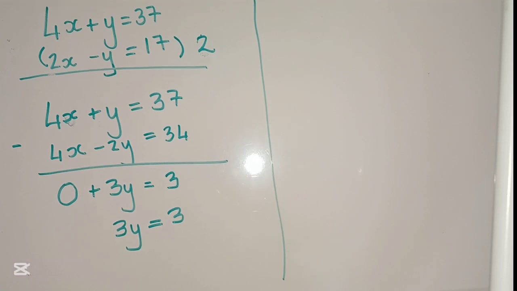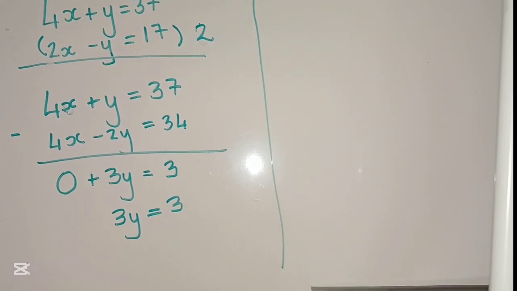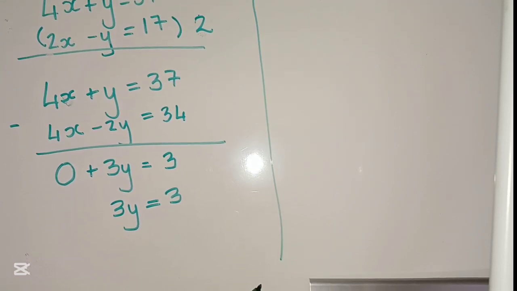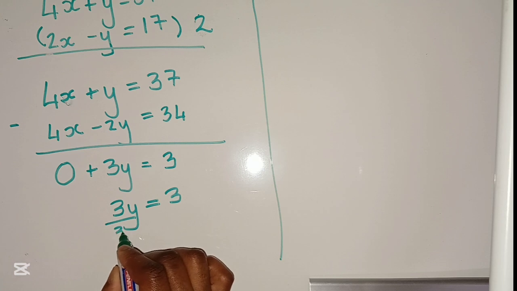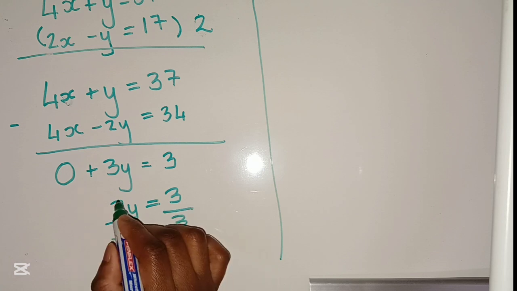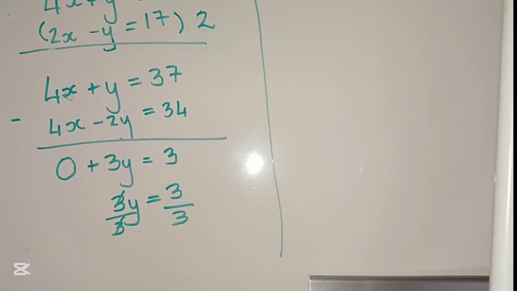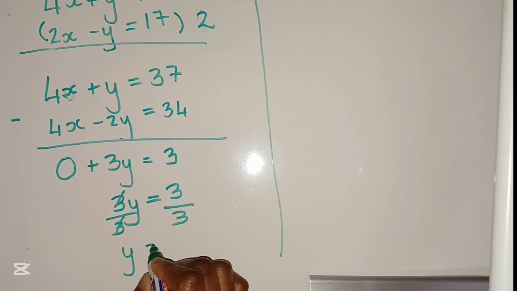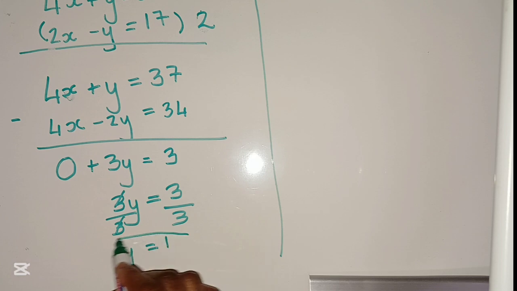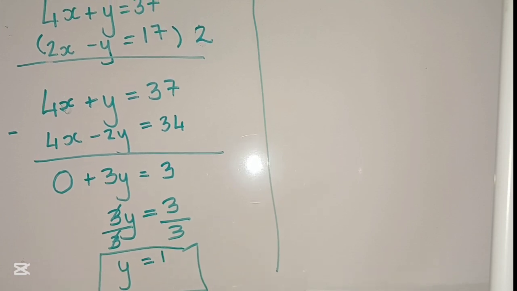Let's isolate our variable y by dividing both sides by 3. They cancel out. So y equals 3 divided by 3, which is 1. This is the value for y. Let's find the value of x. Where there's y, I put 1.